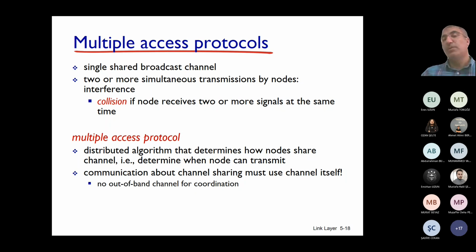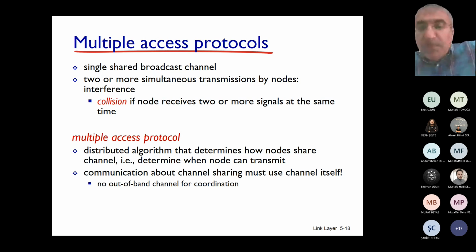So one of the main problems in multiple access protocols is this collision. That's why we need a multiple access protocol, so that we can provide that service to multiple hosts without this interference or collisions. That's why people developed different types of multiple access protocols.